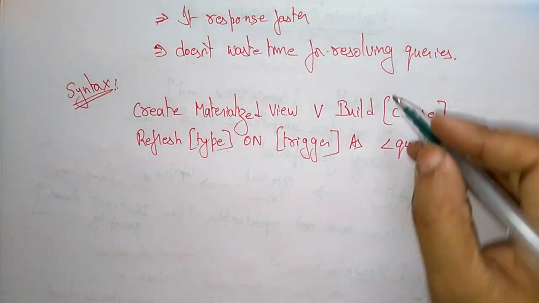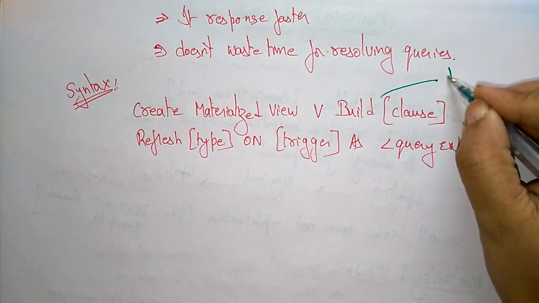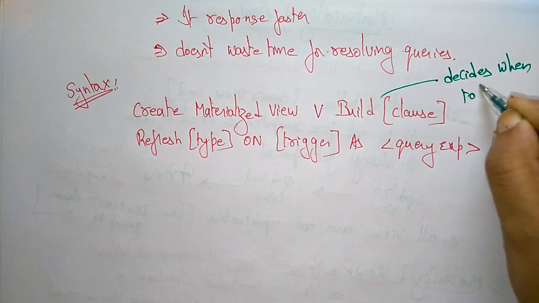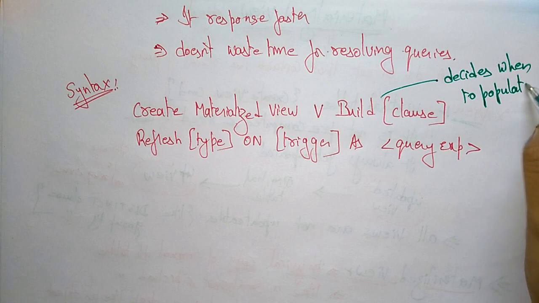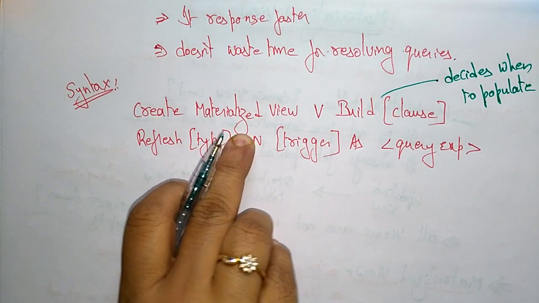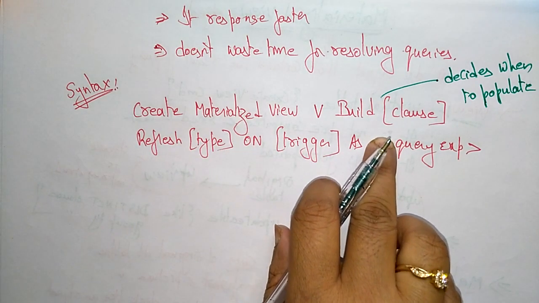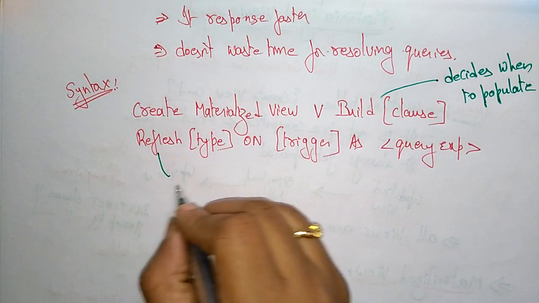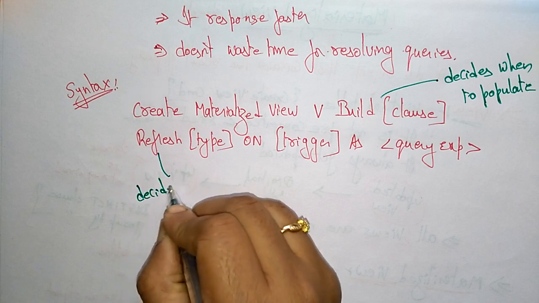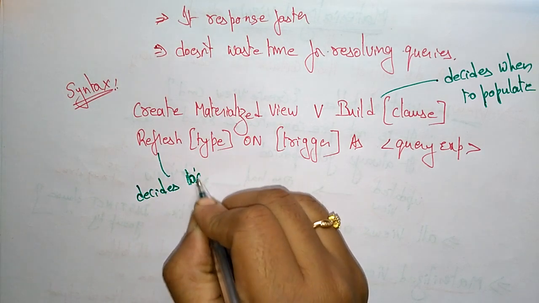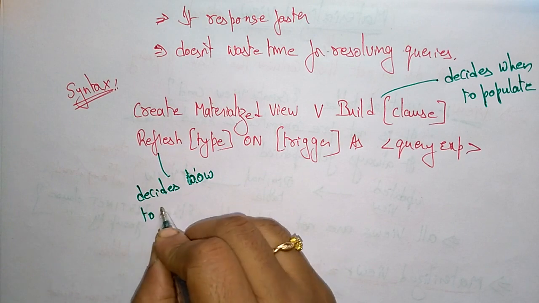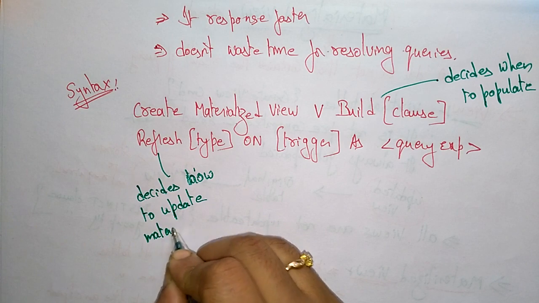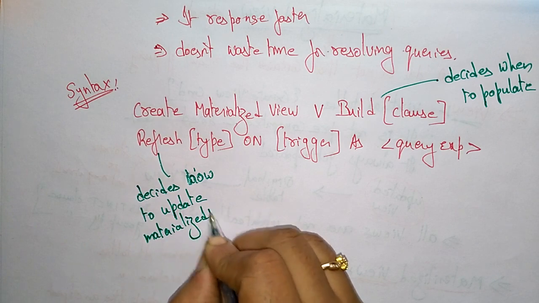Here the build clause decides when to populate the materialized view, whereas the refresh type decides how to update the materialized view.